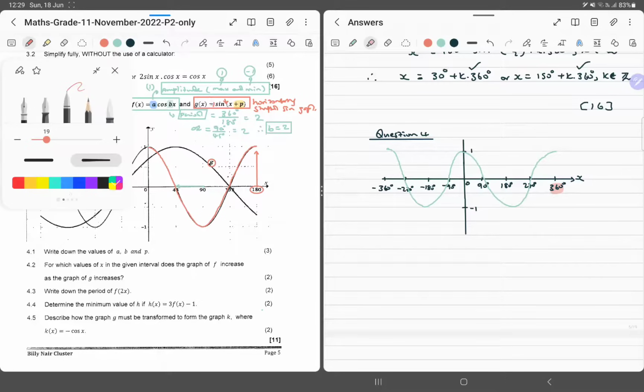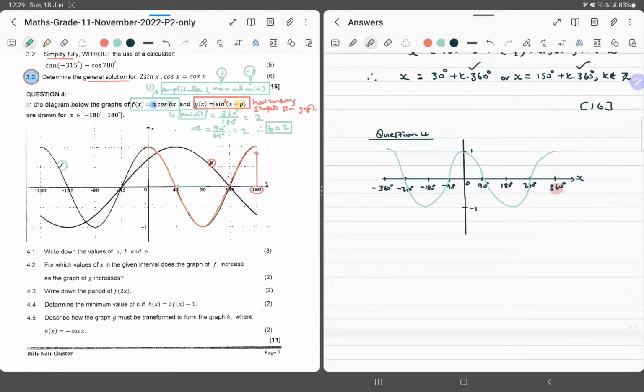Now when we look at our function of g, we will see that, okay, normally sine of 0 is 0. But now what is happening? This is happening 45 degrees earlier. Okay? Or 45 degrees later. It doesn't matter. Okay? Now, we can see that at the same time, the graph of sine at 90 should be 1.